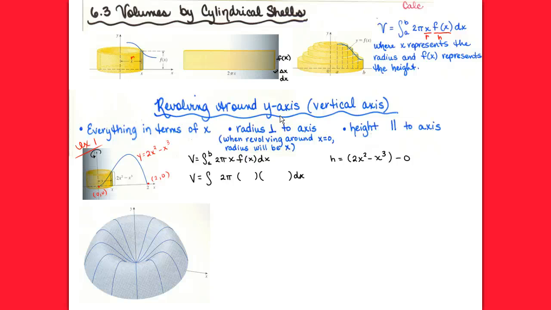So now that we understand the purpose of this section, let's talk about what cylindrical shells, what they mean by that. All right, so we've got this figure up here, f of x, and they ask us to take the area underneath that curve and to revolve it around the y-axis and find the volume of that figure. What we typically would do is we would do horizontal cross sections, right?